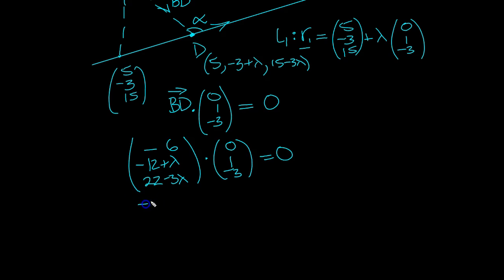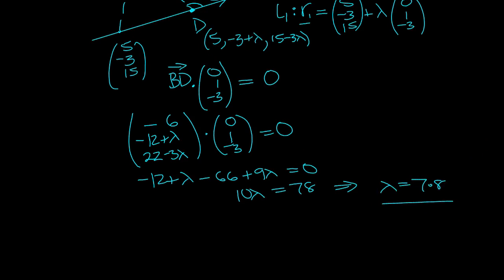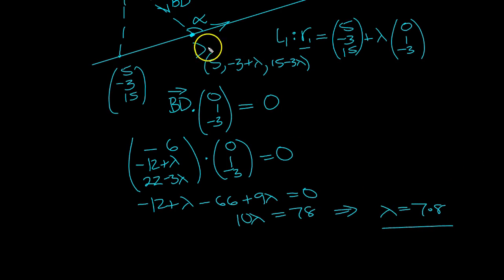So here we've got minus 12 plus lambda. This is a minus 3, so this is minus 66 plus 9 lambda must equal 0. So 10 lambda then must equal 78. Lambda is equal to 7.8. So the coordinate of D then, with lambda 7.8, will be 5.